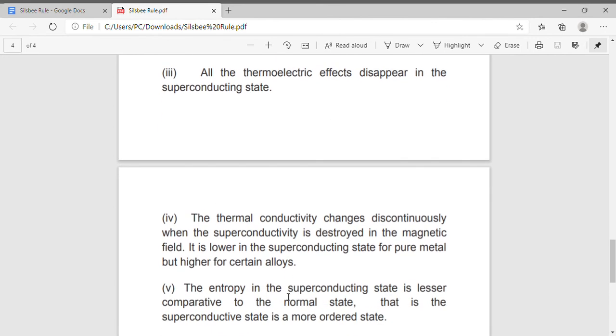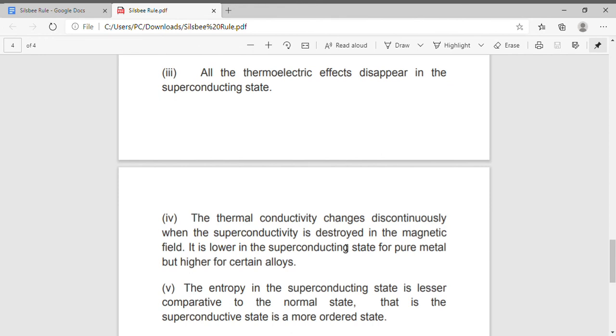When we have a material and we are going to determine its thermal conductivity, it is found that the thermal conductivity also changes discontinuously when the superconductivity is destroyed in the magnetic field.